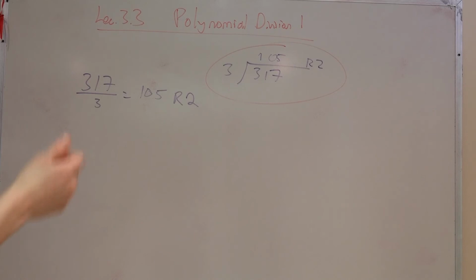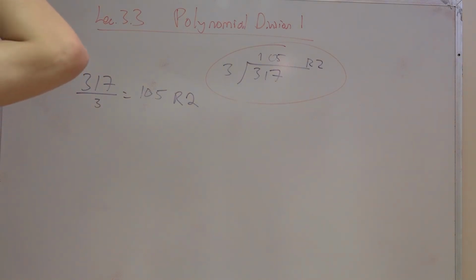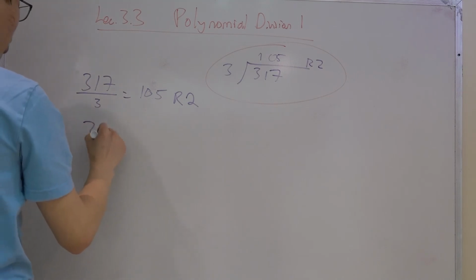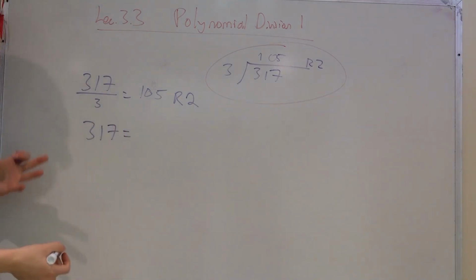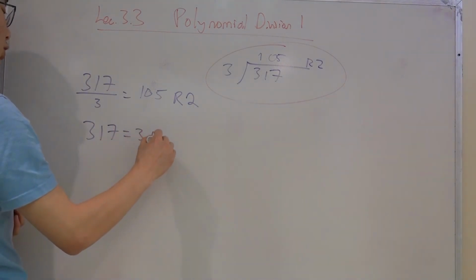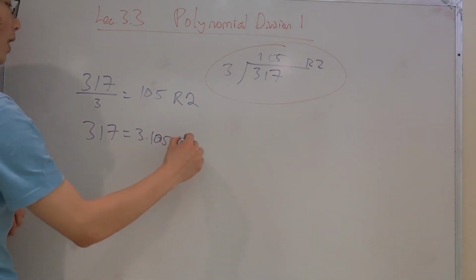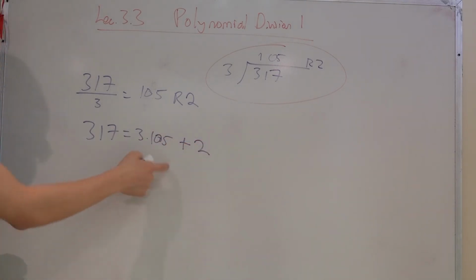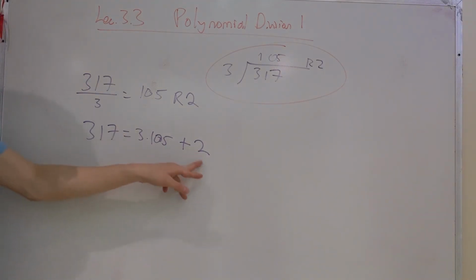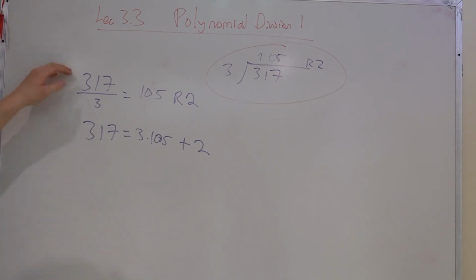What does that really mean? Well, that means that I can rewrite 317 as a multiple of 3 times 105, but then I have to add 2 in order to get back 317. You can check that 3 times 105 just gives you 315, and you add the 2 to give you 317 back.